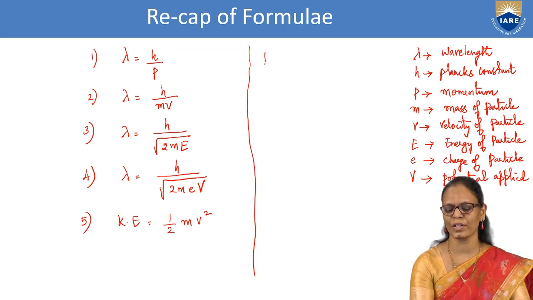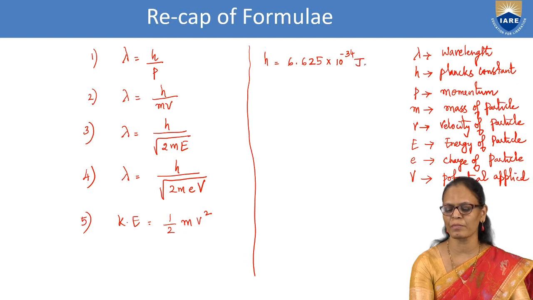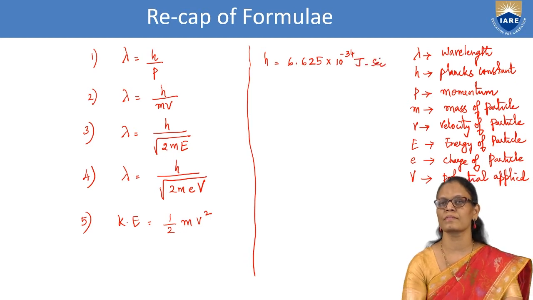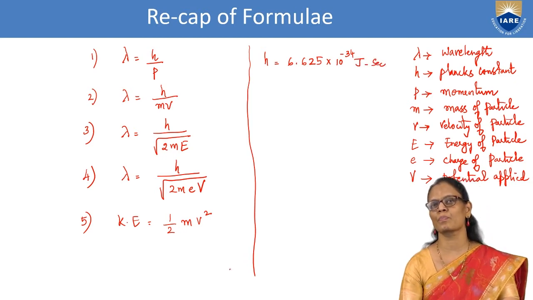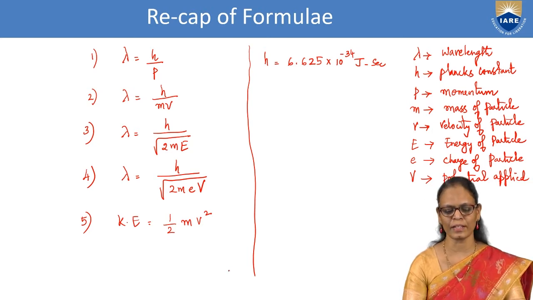First thing you should know here is the Planck's constant. Now, in most of the numericals, the constants will be given, but otherwise, at your level in engineering, it will be very handy for you if you can remember certain constants. So h is equal to 6.625 into 10 power minus 34 joule seconds.